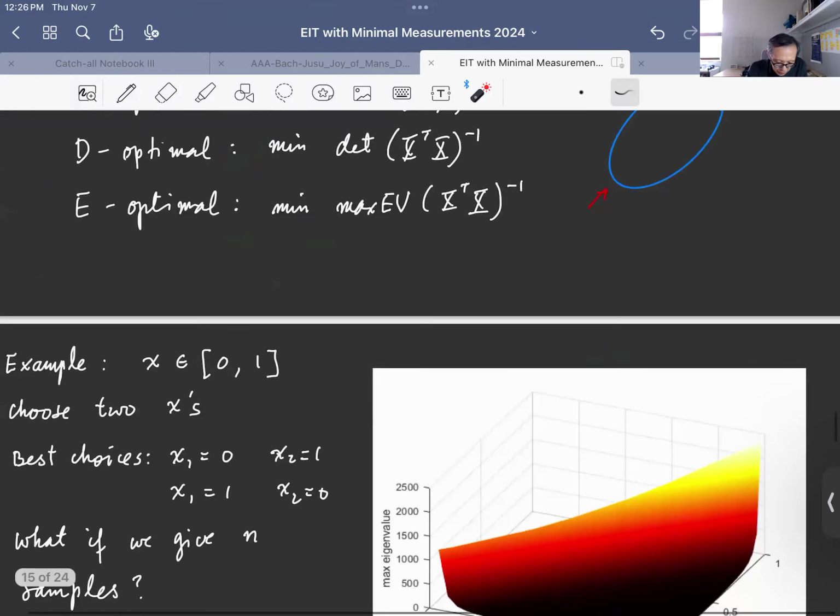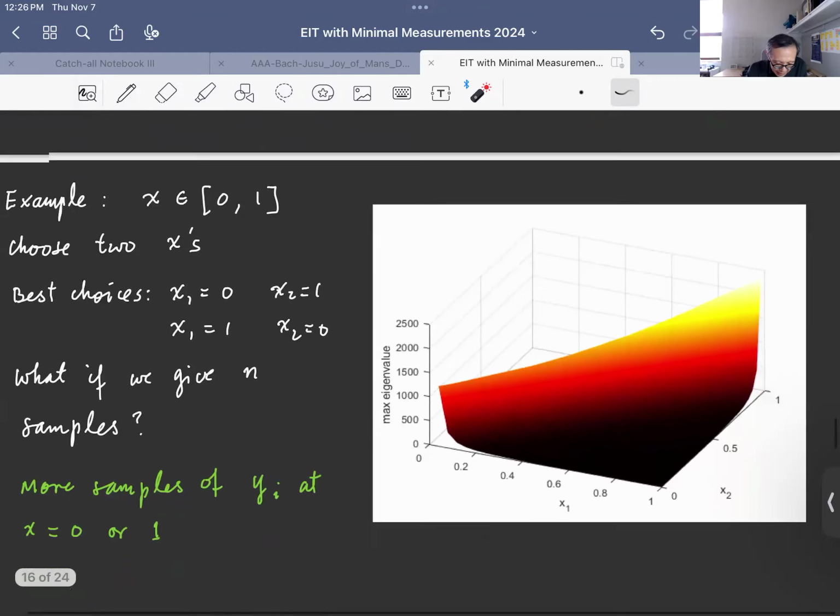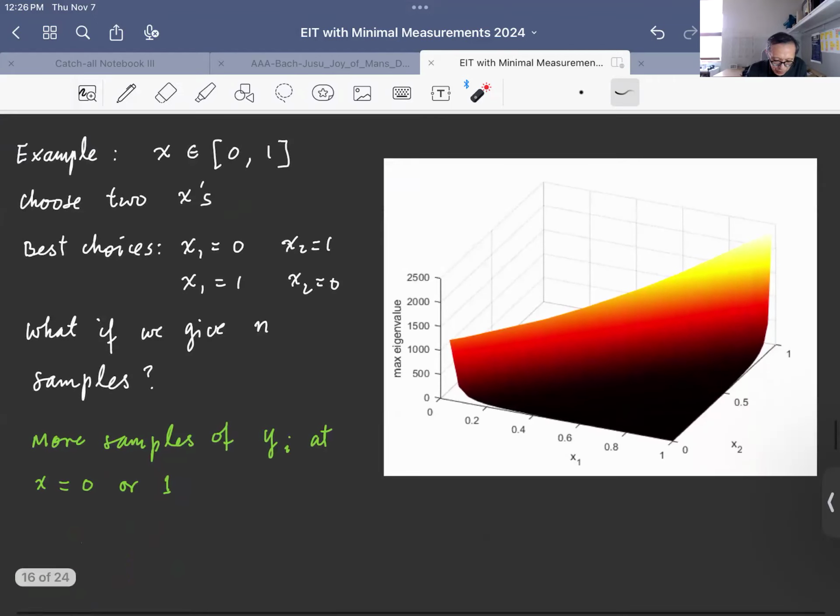Okay, so I want to give an example and also give some intuition about what's going on here. So in the case of linear regression, which is the task at hand here, if you only do two measurements, and let's say that x is limited to be in the interval between 0 and 1, then the best choices are you choose one at 0 and the other point at 1, or you choose one at 1 and the other point at 0.